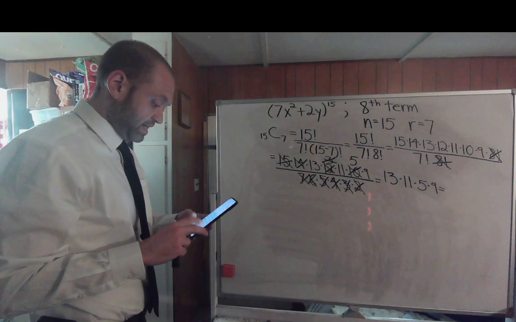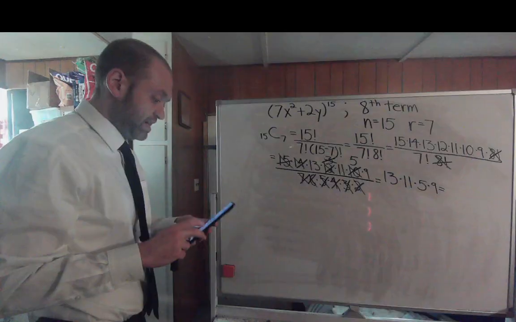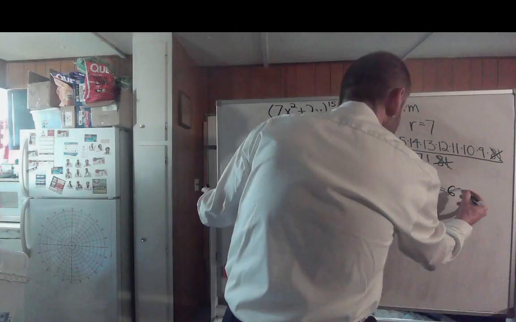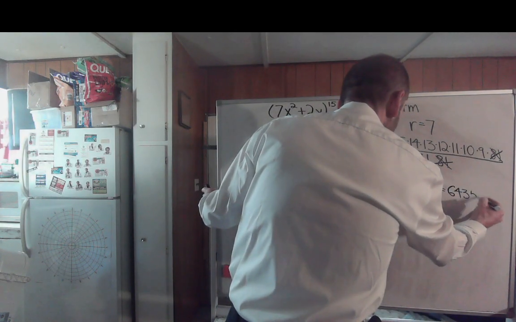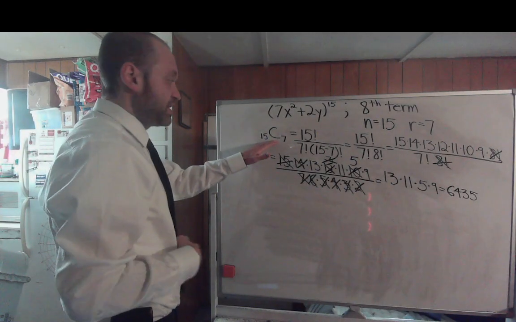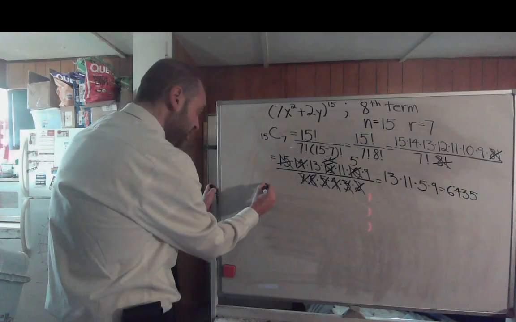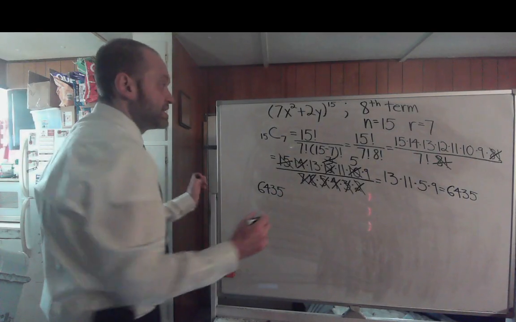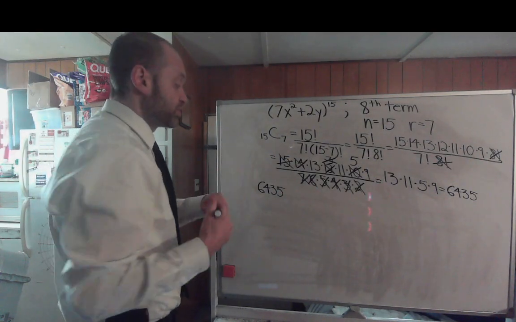So 13 times 11 times 5 times 9, that is 6,435. So we got the combination of 15 things, 7 at a time, is 6,435. Now we need to take that to find the actual term.